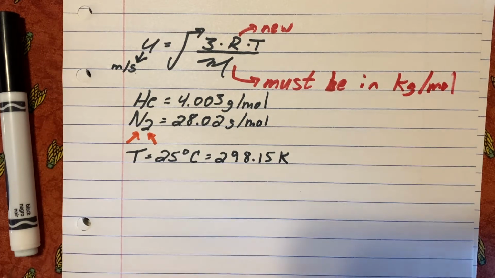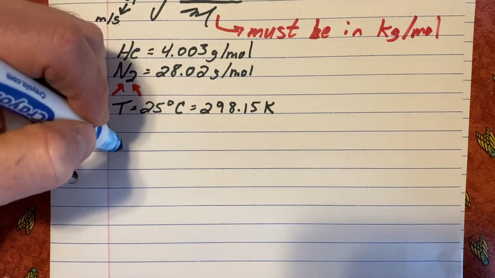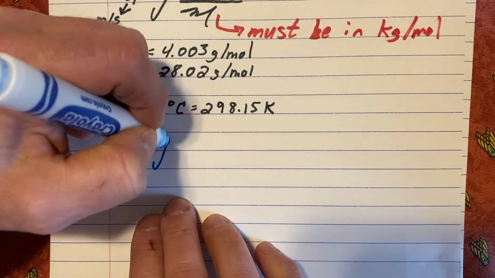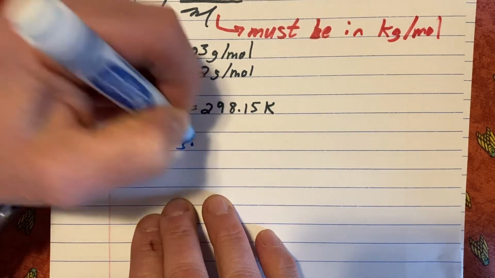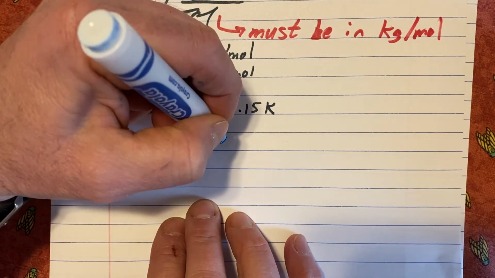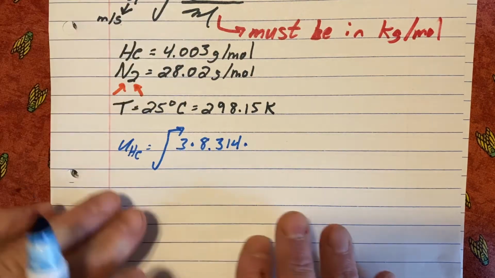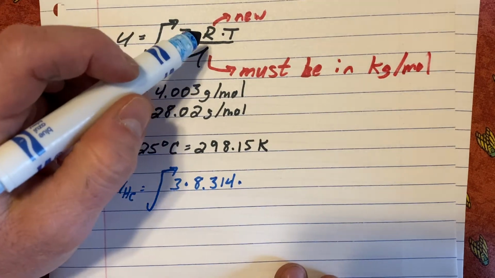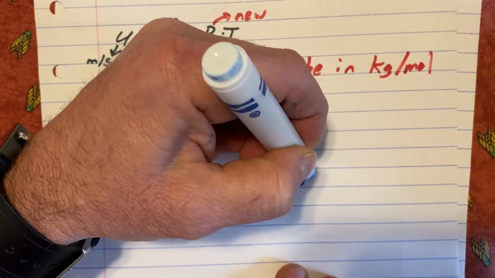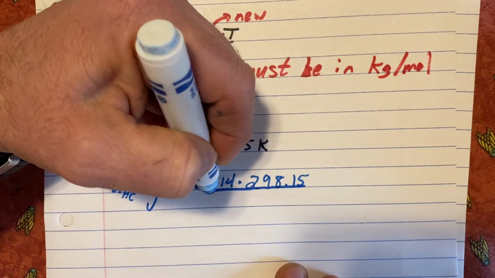For helium, the root mean square is going to be equal to the square root of 3 times this R, which is 8.314, times temperature, 298.15, divided by the gram formula mass.